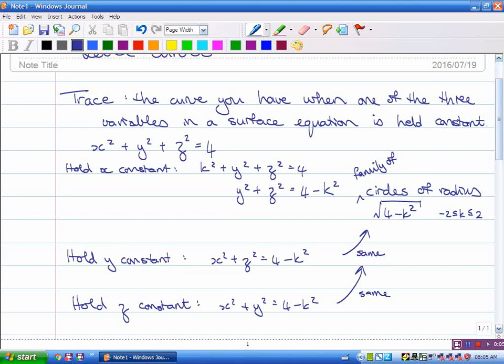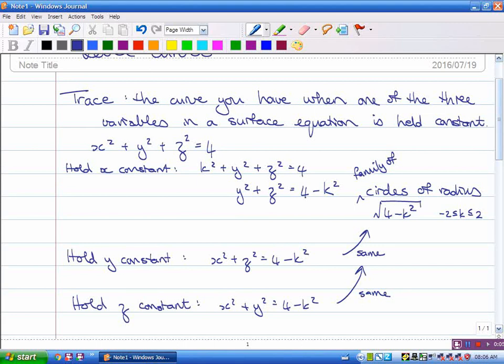Those are called traces. Now, if you look back at past papers, when Yuri Conradi convened this course, when he convened 2083, he was very fond in exam papers of asking for traces in a plane.